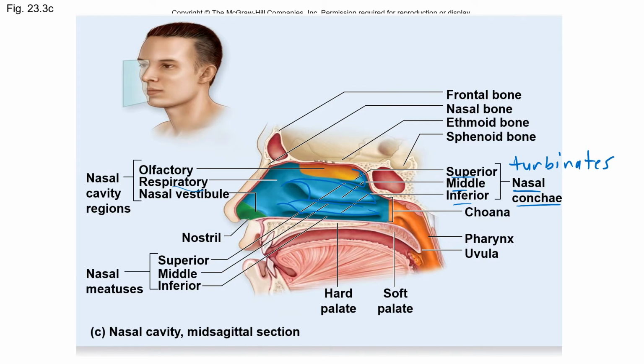Because they act as turbines. They cause the air passing through them to spin a little bit, and as that air spirals through, centrifugal force causes pollen and bacteria and such to spin outward and stick to the mucus lining the turbinate bone itself.